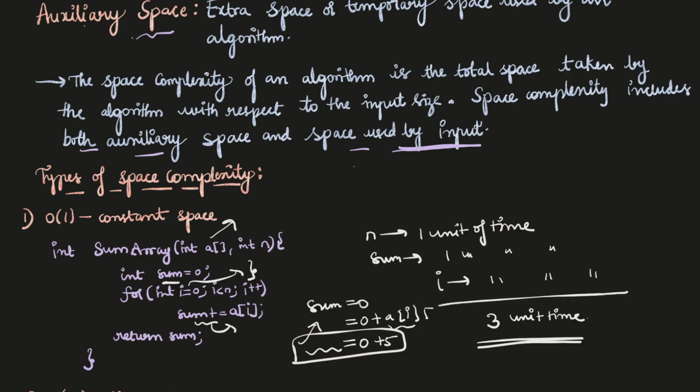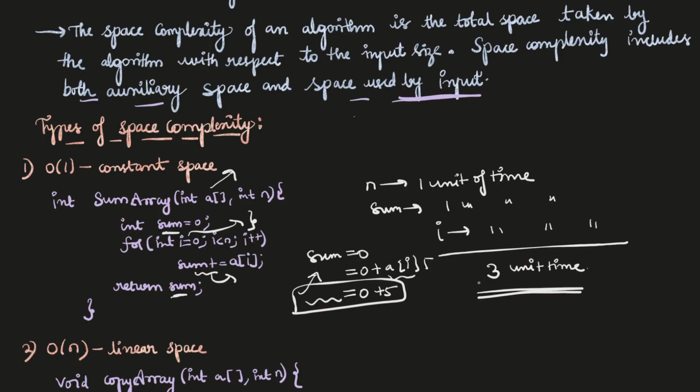So we need to just identify the variables and see how much space they are taking. So that's the reason 3 units. So its space complexity would become order of 3, which is equal to order of 1, because any constant would be represented in the form of order of 1.